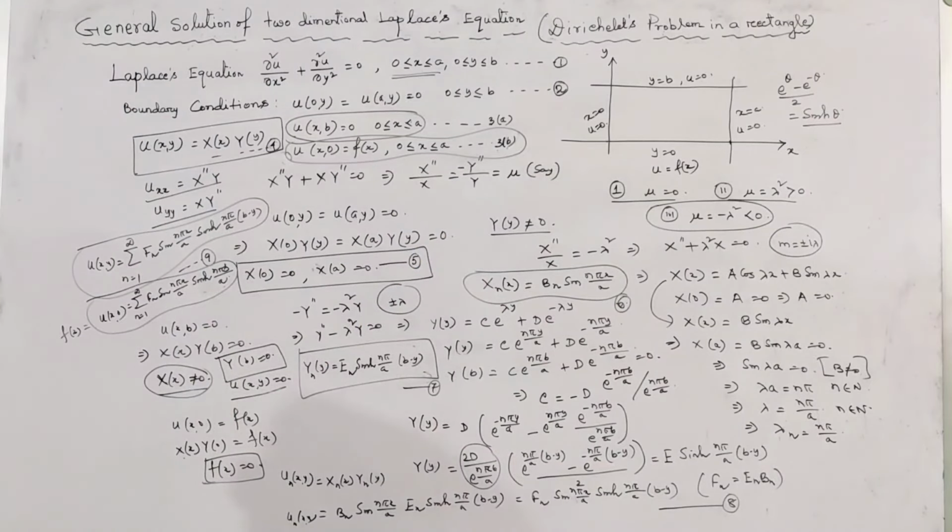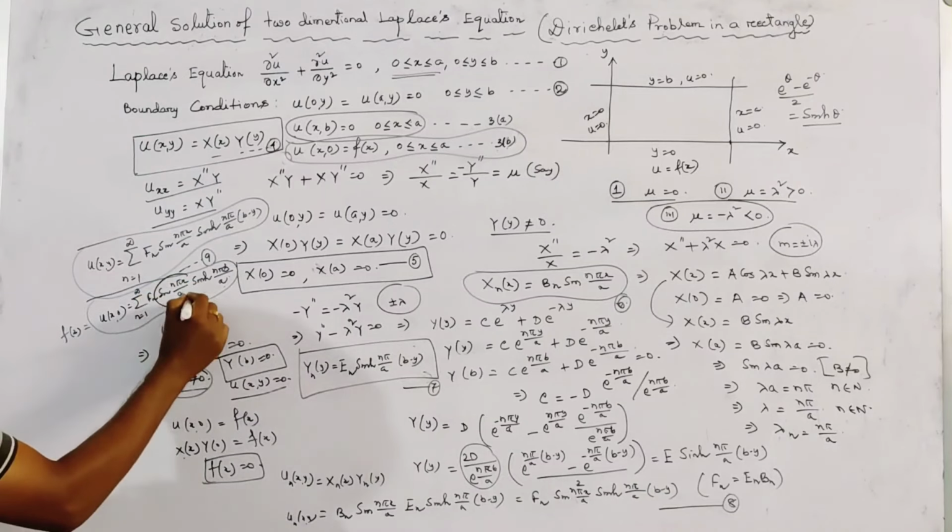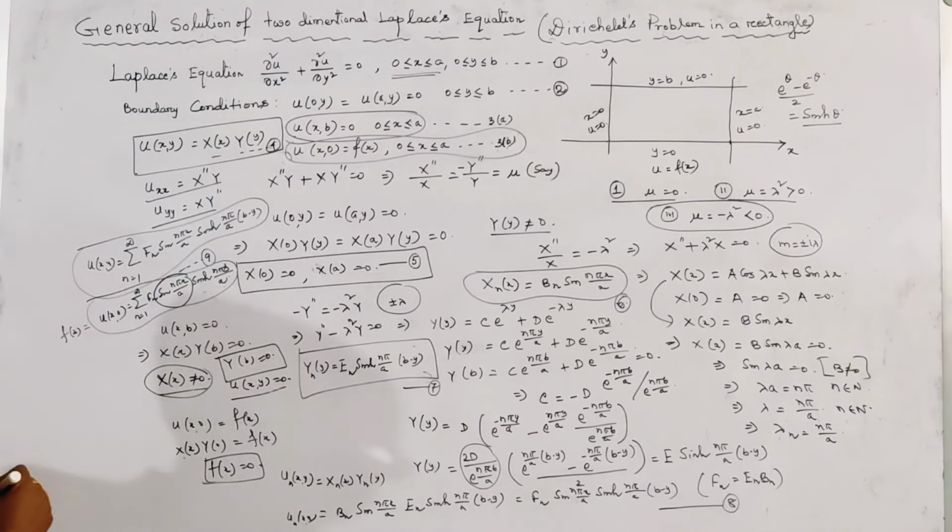Okay, and clearly this relation shows that this is the Fourier series expansion of f of x, or in particular a Fourier sine series, because here the only variable is sine n pi x by a, and this is also a constant.